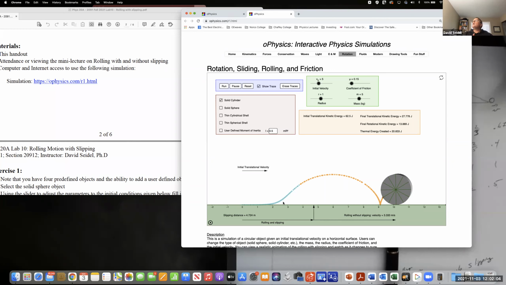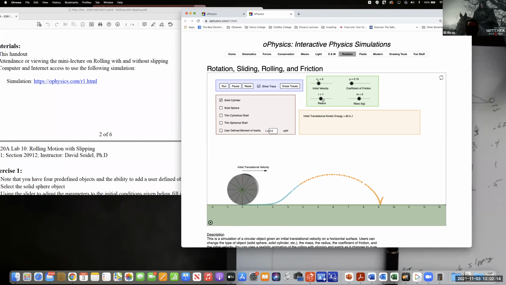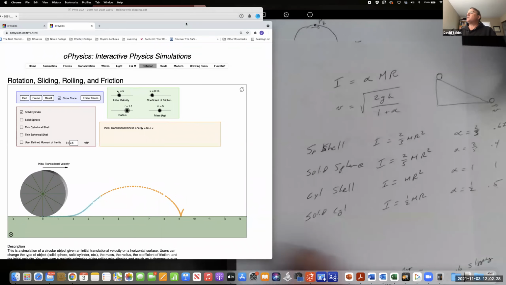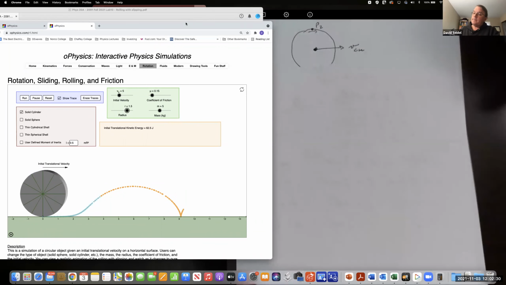Now, here is the slip distance, 4.724. Okay. Suppose I change my radius to 1.5 meters. I make it a fair bit bigger. 4.724. Let's write that down. 4.724 was our slip distance.